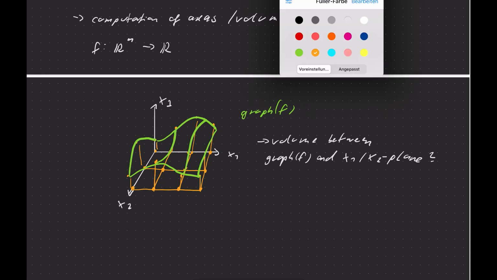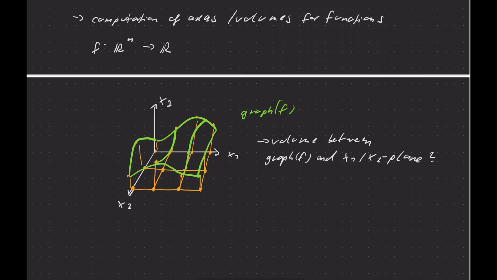So for example, if we wanted to restrict our question to the volume over a certain area, like this. So this is an area here in the x1, x2 plane, and we just want the volume over that area. So volume over a certain area in the x1, x2 plane.